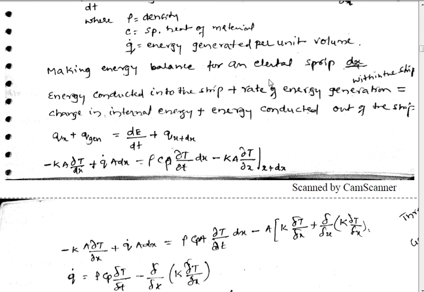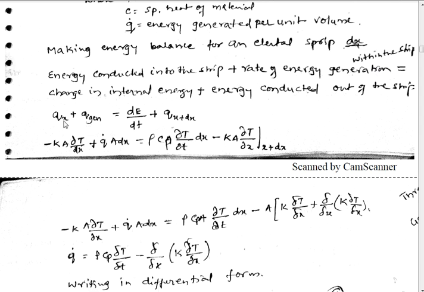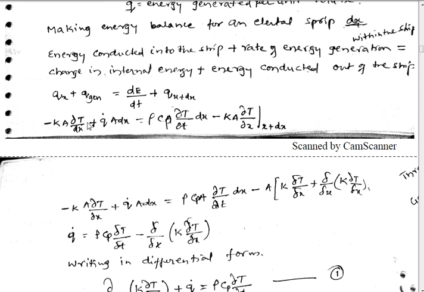Making an energy balance for an elemental strip: for that strip, the energy balance means the energy conducted into the strip, plus the rate of energy generation within the strip, equals the change in internal energy, plus the energy conducted out of the strip. Then qx we have taken as the energy conducted into the element through x, and q generation as the internal heat generation.